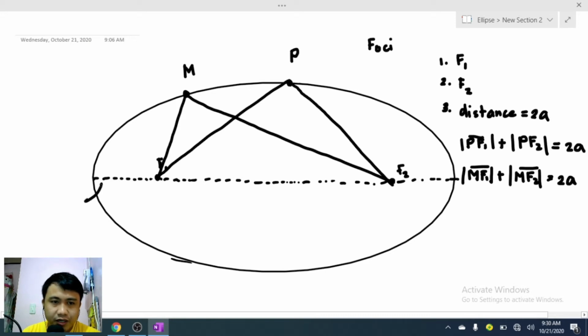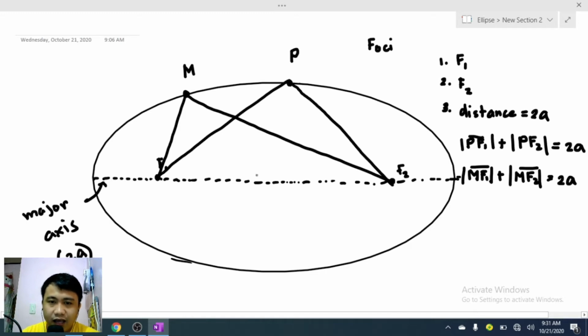This is your major axis. Yan. At ano ang ating length ng major axis? The length of the major axis is 2A. Ito, 2A ito.